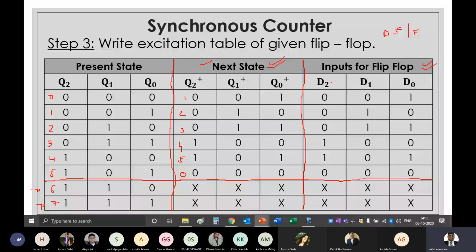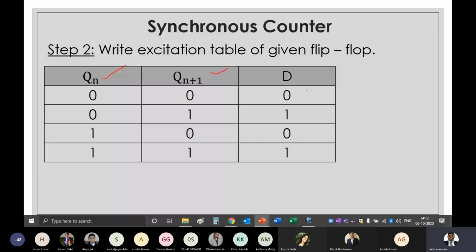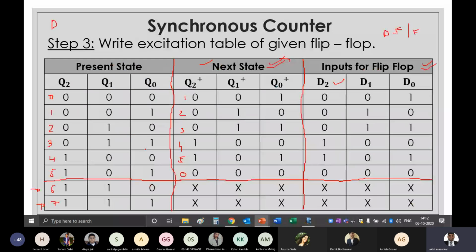Because you can find out the values of D2 based on the excitation table. If you want to calculate D2, then I will see Q2 and Q2 plus 1. Based on whatever these combinations are, I will calculate the D2 column, then the D1 column, and then the D0 column.